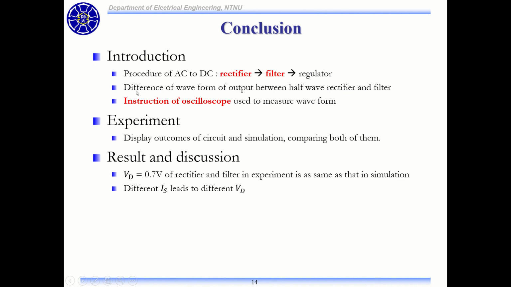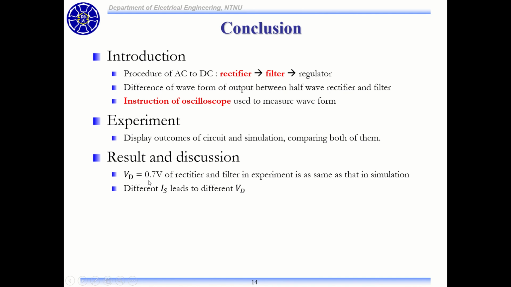The second is the difference of waveform of output between half wave rectifier and filter. The third part is instruction of the oscilloscope used to measure waveform. And we do the experiment to display the outcomes of circuit and simulation, comparing both of them. After the experiment, we do the result and discussion.